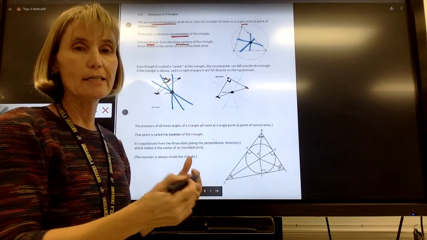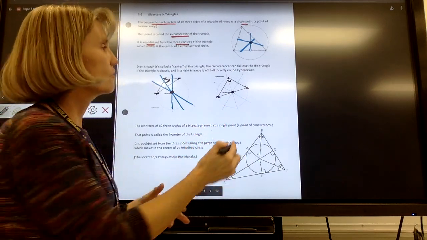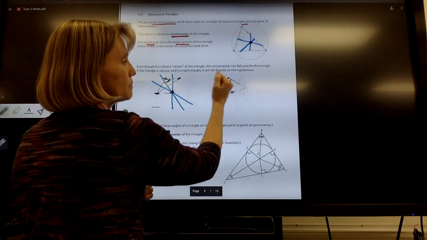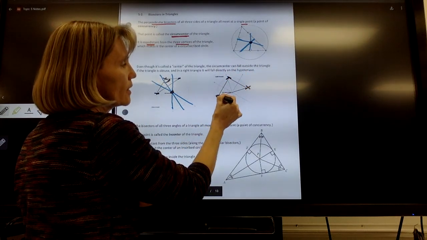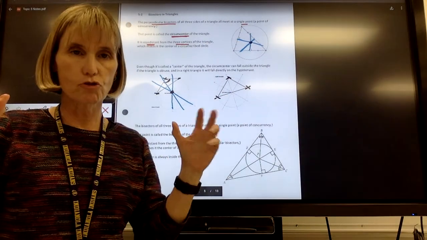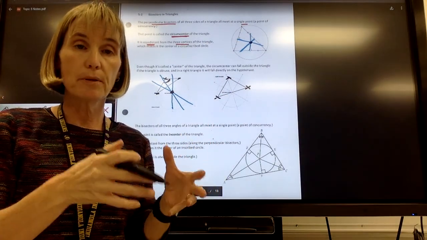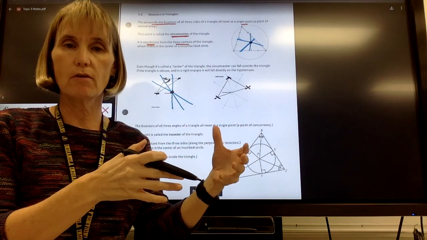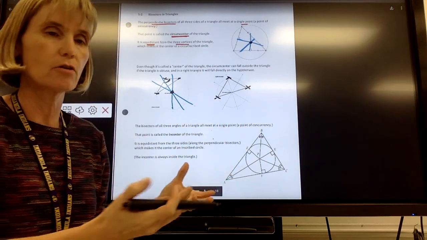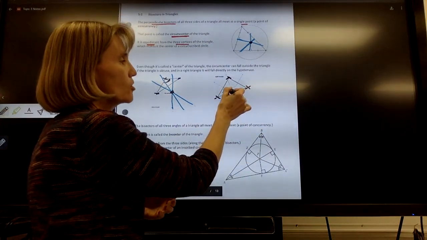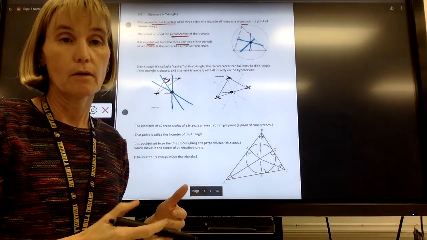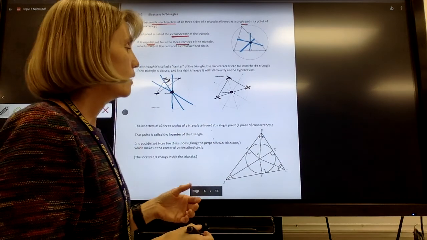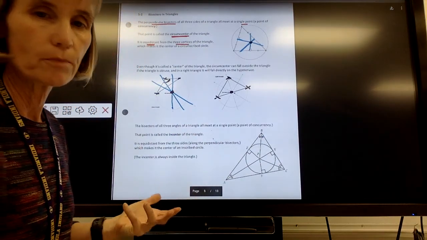They might construct a circumcenter, because if I have towns located in an area, and there's a town at each vertex of that triangle, then I'm going to build a water tower that services all of them. I might want to find the circumcenter of that area in order to build it so that it has equal access to all three towns. Okay, so you can see this used in a civil engineering type of occupation.